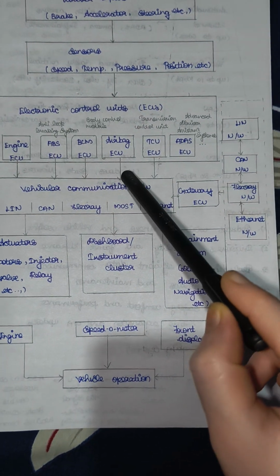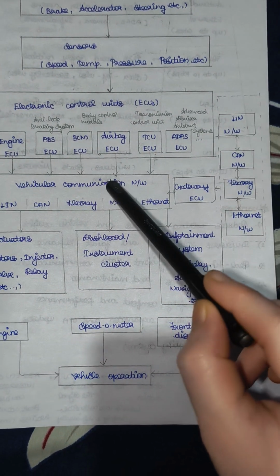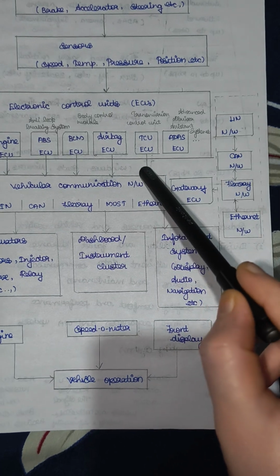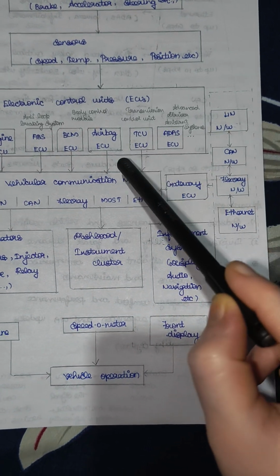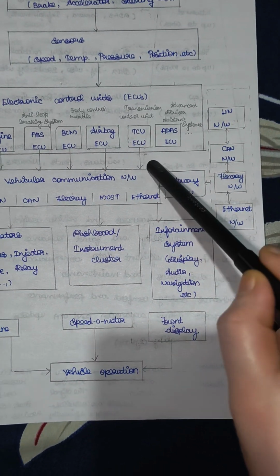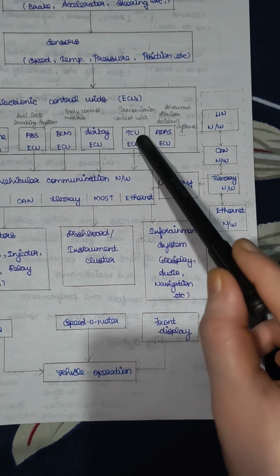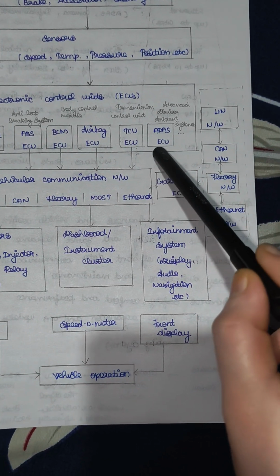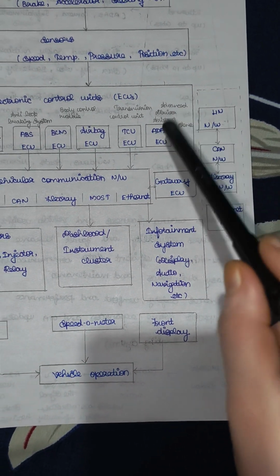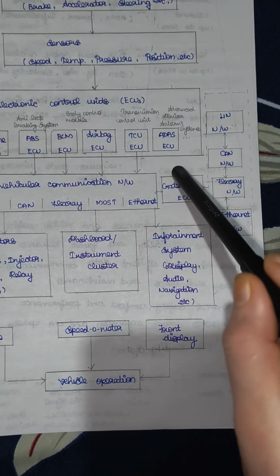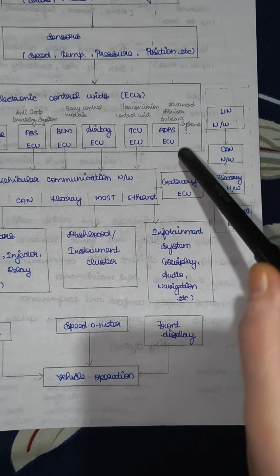The next one is the airbag ECU, which handles the airbag systems. Then the TCU, the transmission control unit, which manages transmission related operations. And finally, we have ADAS, the advanced driver assistance systems, which supports advanced driver assistance functions.